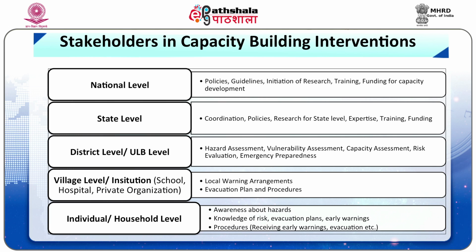The village level or local institution level stakeholders must be in a position to utilize the funding and mobilize the interventions into sustainable capacity developmental interventions for disaster risk assessment. At the individual level, attention is focused where the capacity addition or building must bear fruit in heightened awareness of risks, risk mitigation mechanisms and emergency preparedness.